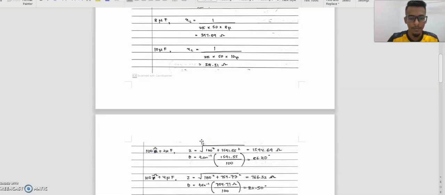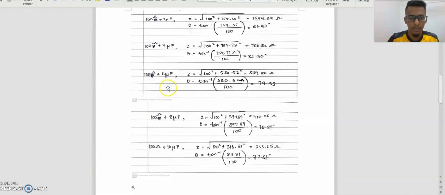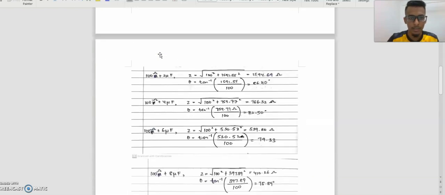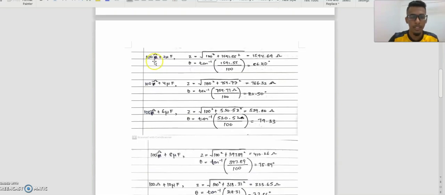Then the next one, we must use 100 ohm plus 2 micro F. So the first equation is Z equals square root of 100 squared plus 1591.55 squared. Then we calculate it and we get 1594.69 ohm.